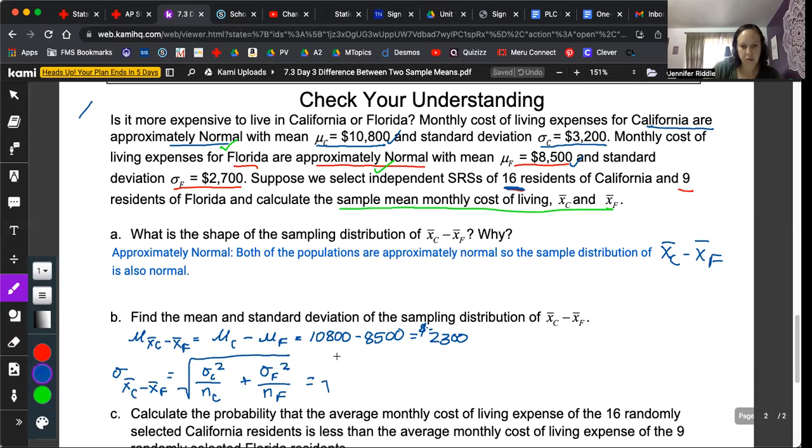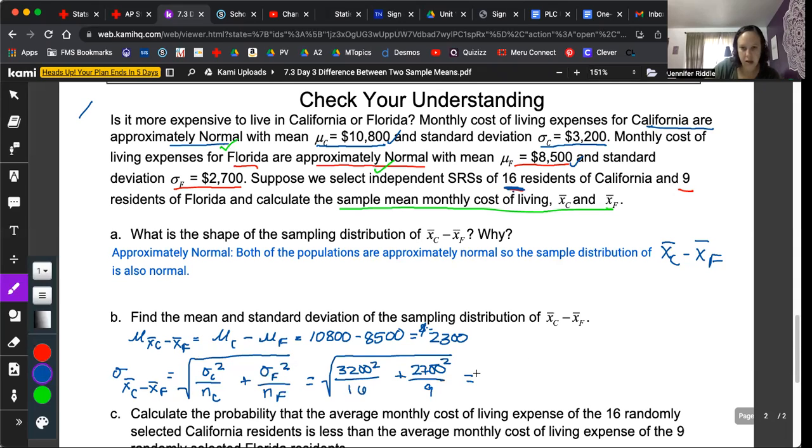We've got the square root of 3,200 squared divided by my sample size of 16, plus 2,700 squared divided by 9.